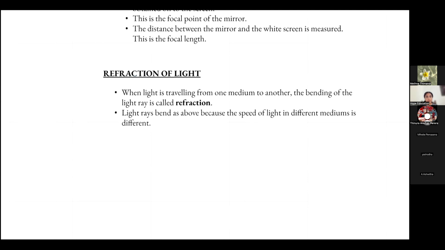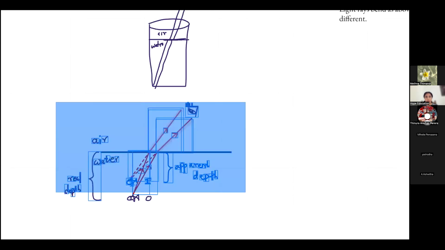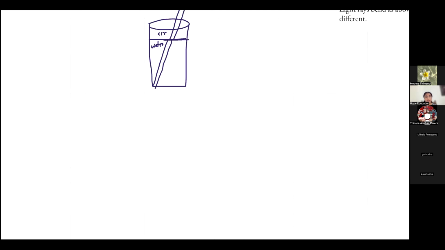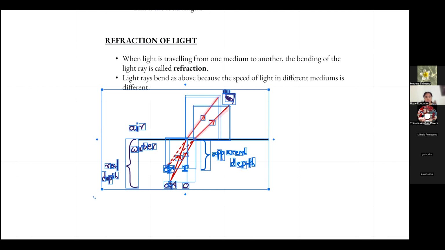I'm going to move this a little to the side because I'm going to draw the image here.